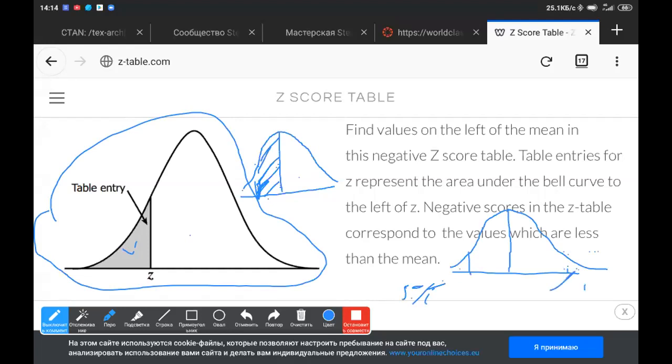Okay, so this is also 5%, and whatever is in the middle is 90%, and that means that this half is 45%, for example. So instead of looking for 5 in the tail table, you can look for 45 in a center table, and you will get the same value for Z.